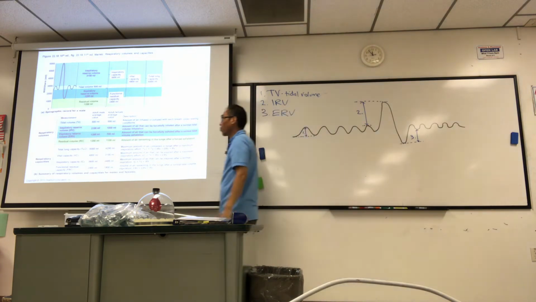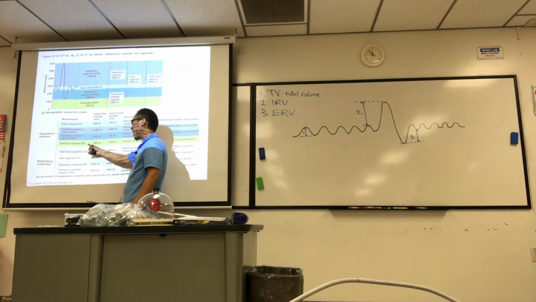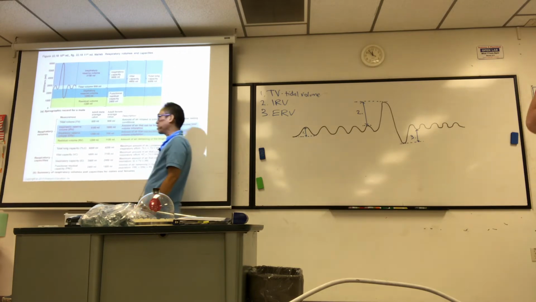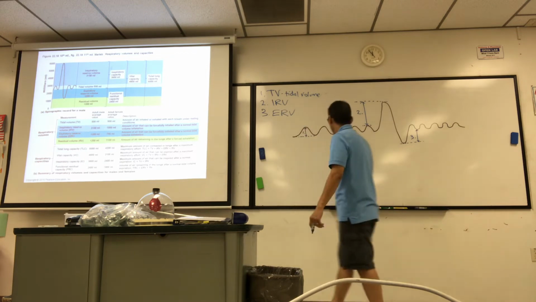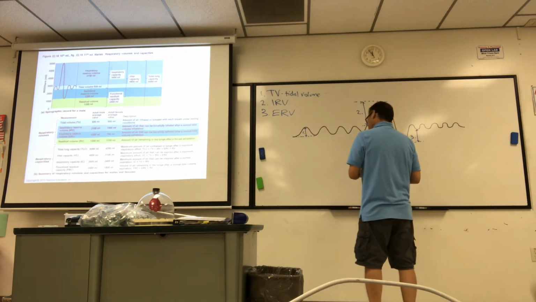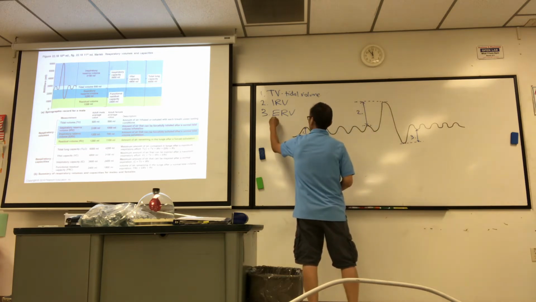Now the most important one is the vital capacity. I'll get to that. But this one, which you can't directly measure unless you actually collapse the lung, is your residual volume. Let me put axes here.